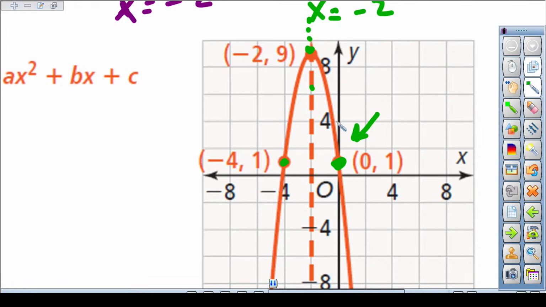This point also is reflected here. Also this point. And down here, and down here. So all you need to graph a parabola, in this case, is just the vertex, because you know the highest point, and also one other point, and you're set. You just reflect. Graphically, that's what you do.